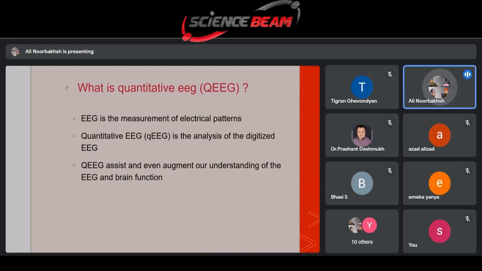In the next slide, we talk about what QEEG, or quantitative EEG, is.